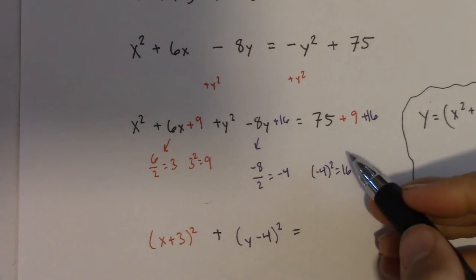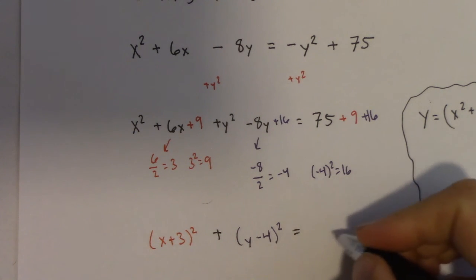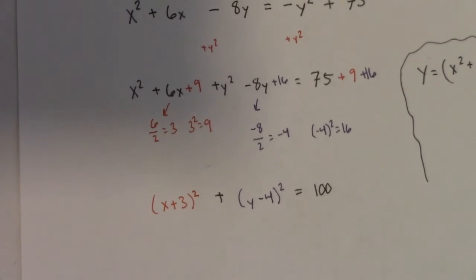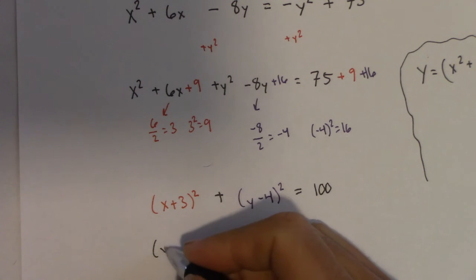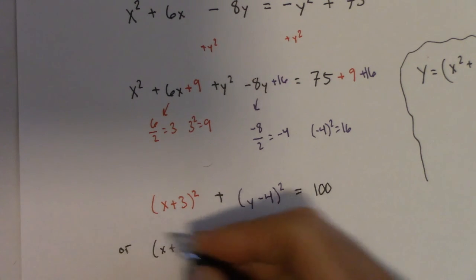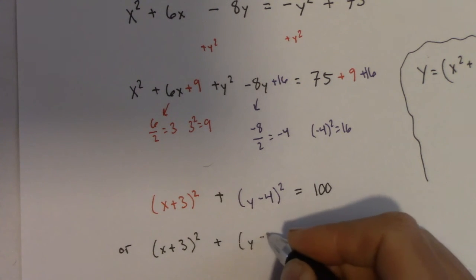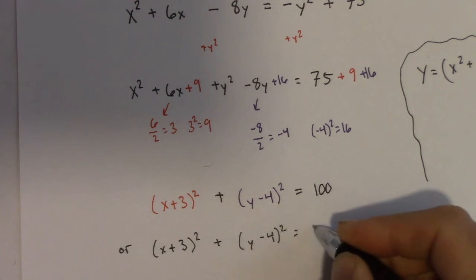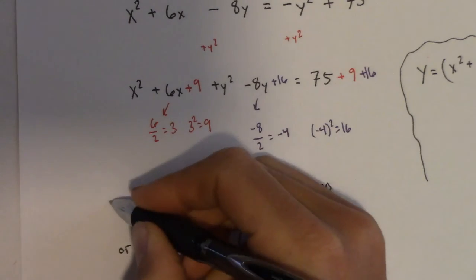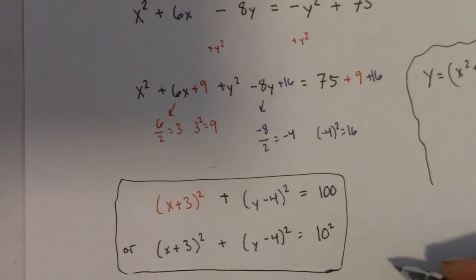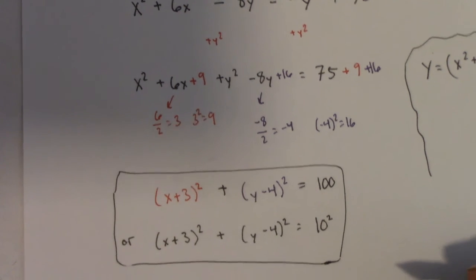And if I add 75, 9, and 16, I get 100. You may also choose to write that as (x plus 3) squared plus (y minus 4) squared equals 10 squared. Again, I'm not picky about either one of those for our purposes. You just need to be able to interpret either case.